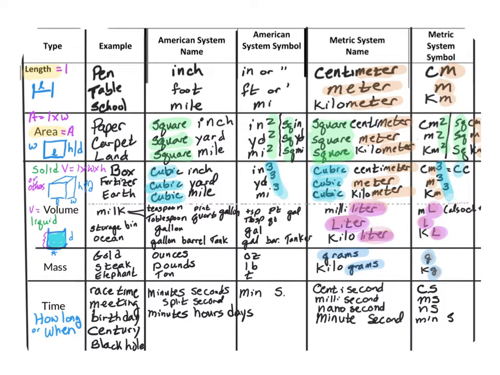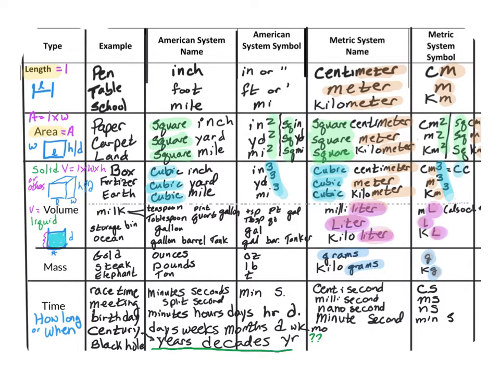Your next birthday might be in the next few days, next few weeks, or in a few months. The centuries might be measured in years or decades. The next black hole might occur in eons or millennia.